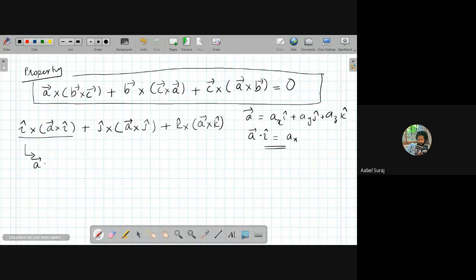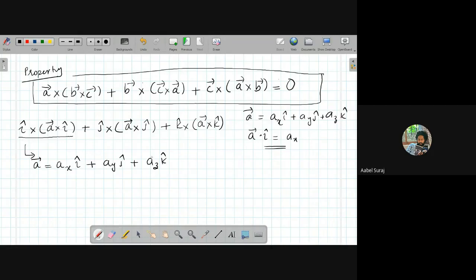So let me take it like this. Since it is a three-dimensional form, there are I, J, K. First you need to define A. So this is the first step. Let's say A is equal to AX into I cap plus AY into J cap plus AZ into K cap. This is a common vector in three dimensions.